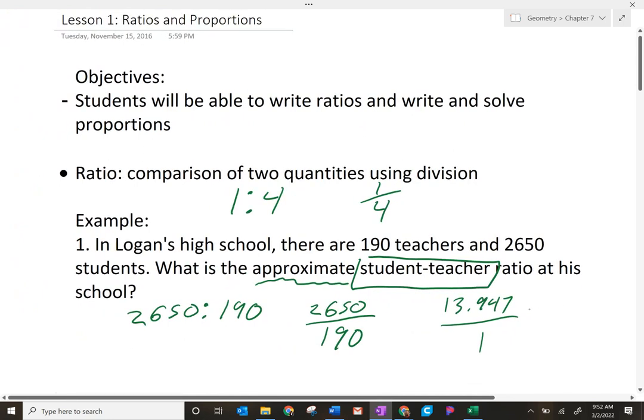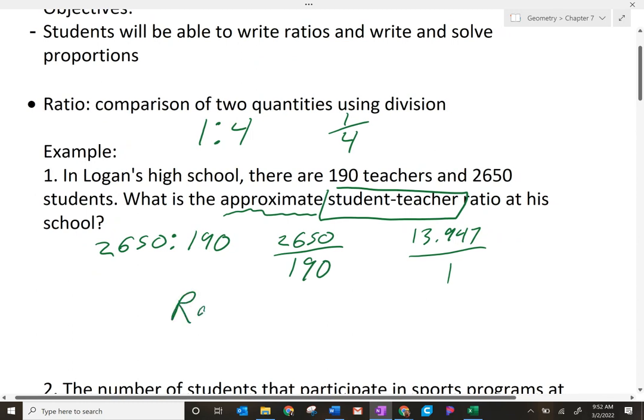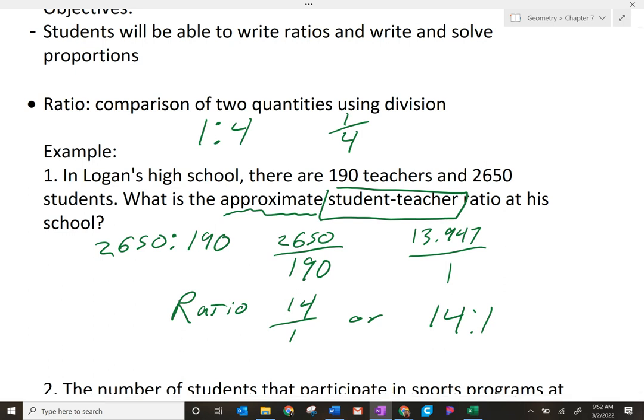So my ratio is going to be 14 to 1, meaning that for every one teacher I have, I'll have approximately 14 students. Okay?